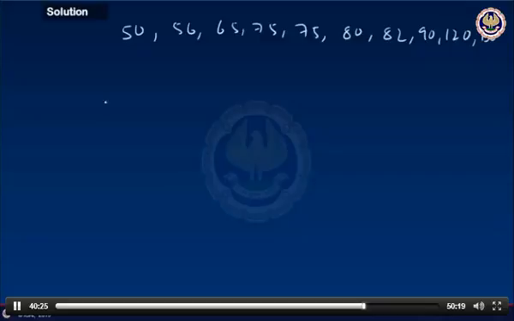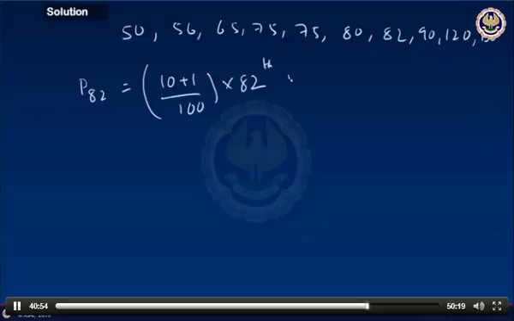While computing the percentile P82, we have to compute (n plus 1) by 100 into the percentile we consider. So here 10 plus 1 by 100 into 82, that value is the 9.02nd value we have to find out.